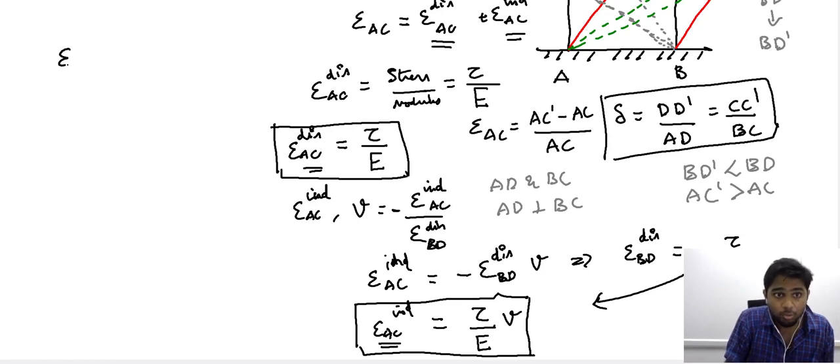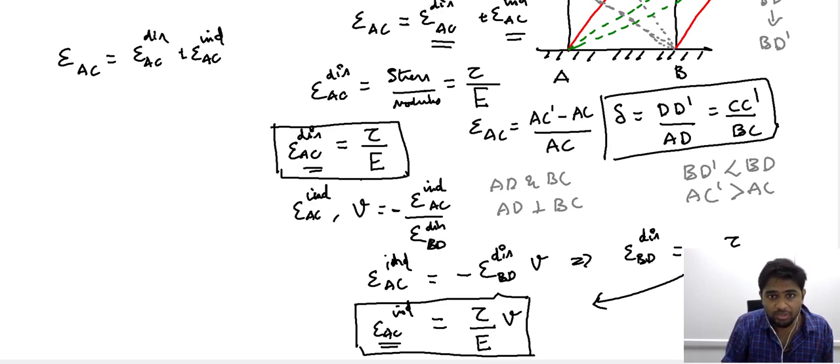Therefore, the overall strain along that particular element is the sum of the direct and the indirect strain the element experiences. So when you sum up these two, we will be able to arrive at an expression for the overall strain this particular element experiences.